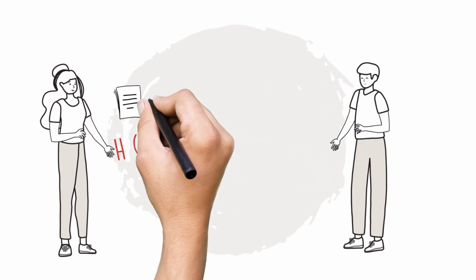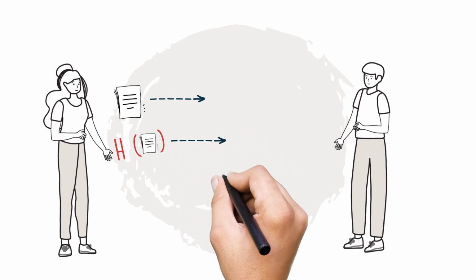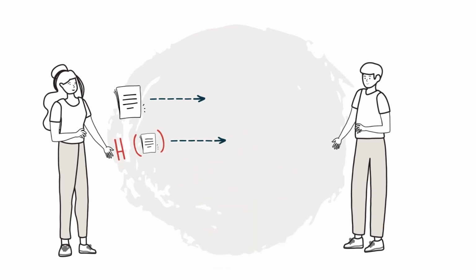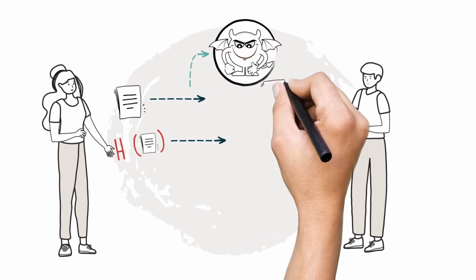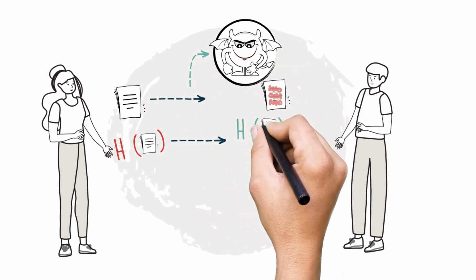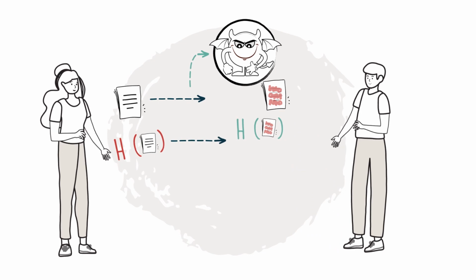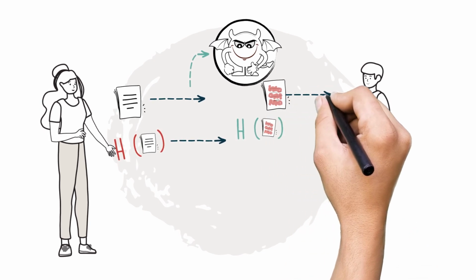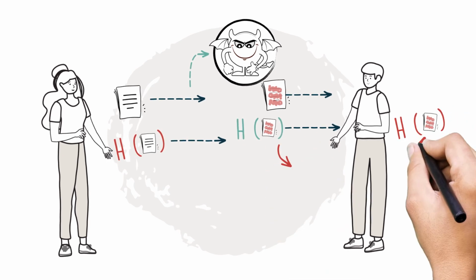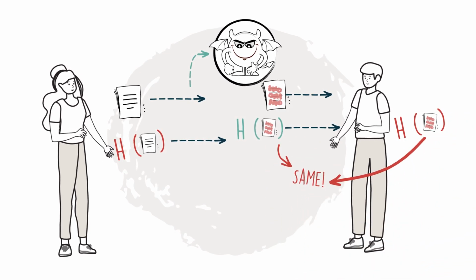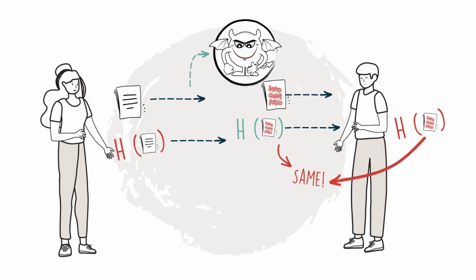The only problem with this is that a man in the middle can simply intercept both the message and the hash from Alice, modify the message, then create a hash of the modified message, and then send both to Bob. And when Bob hashes the modified message, he will get the same hash as the one sent by the attacker, and he will think that this file is legitimate.